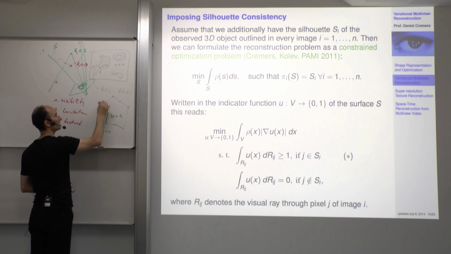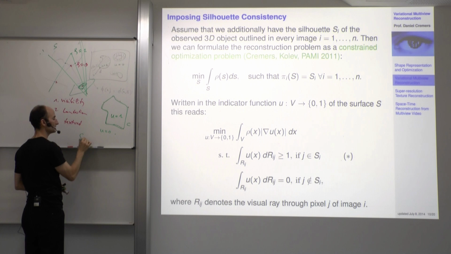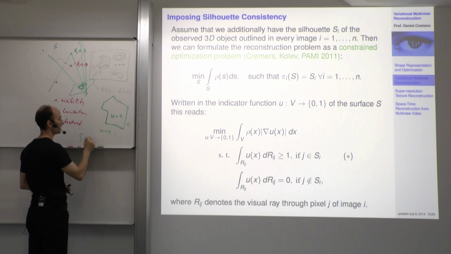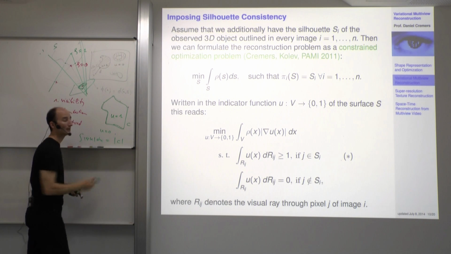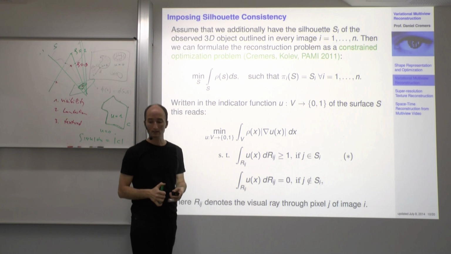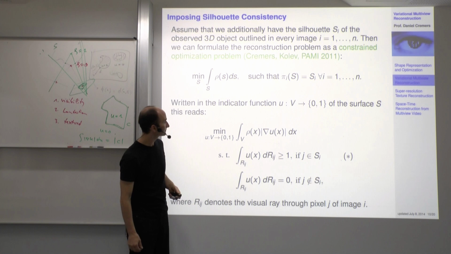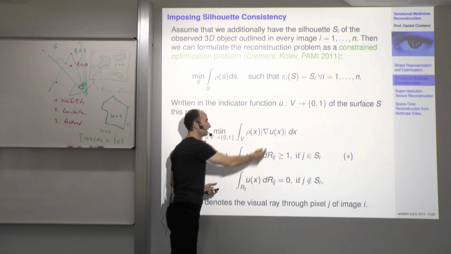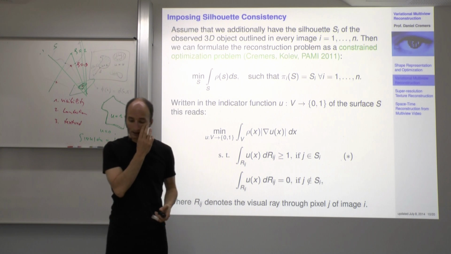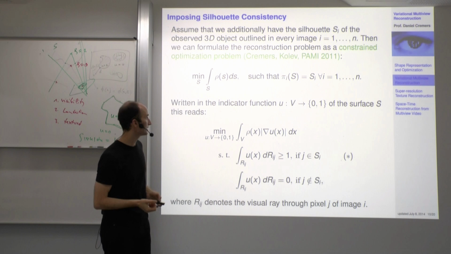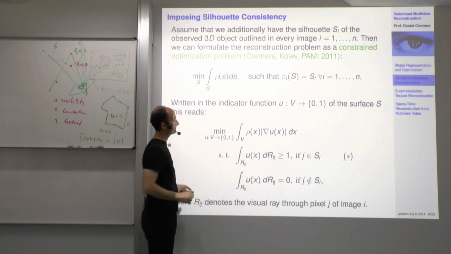So if this is a curve, let's call it C, and u is 1 inside the curve, 0 outside, then the integral of the gradient of u dx is the same as the boundary length of the curve C. This is a well-known fact from optimization, that the total variation of the indicator function of a set gives me the boundary area of the set, the length of the curve, or the area of the surface here.